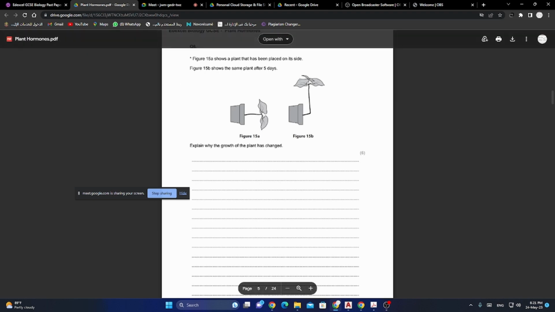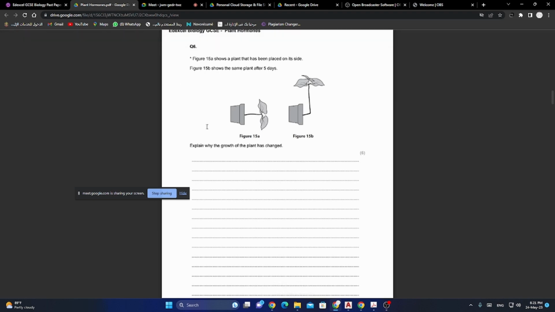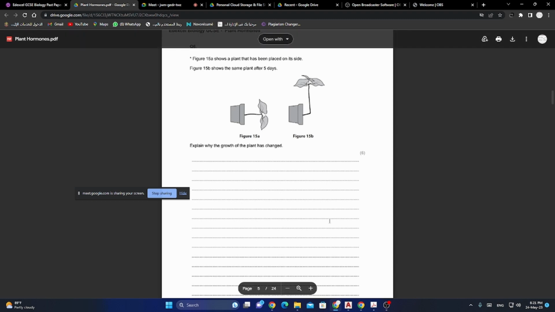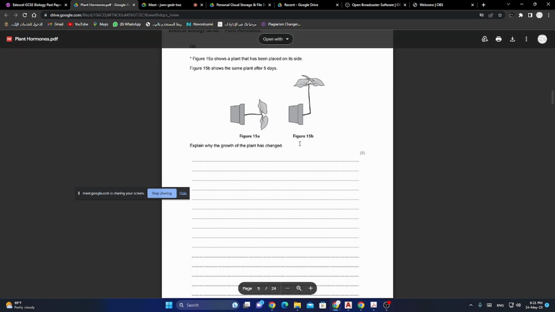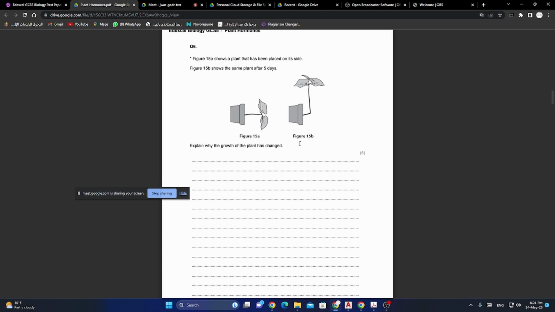So, for example, before tipping, before it was placed on its side, what was happening? Right, that's basically it. And also gravity. Okay, the shoots were growing opposite to gravity, right?